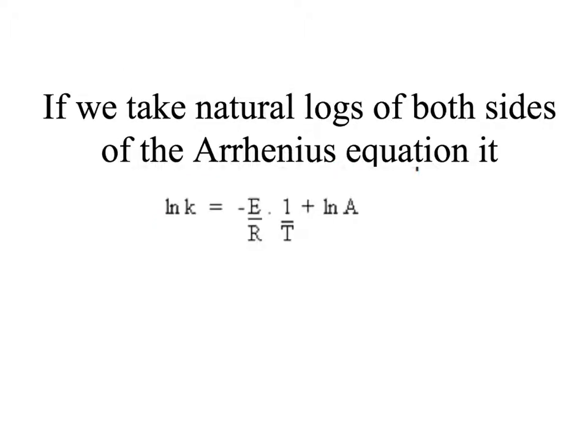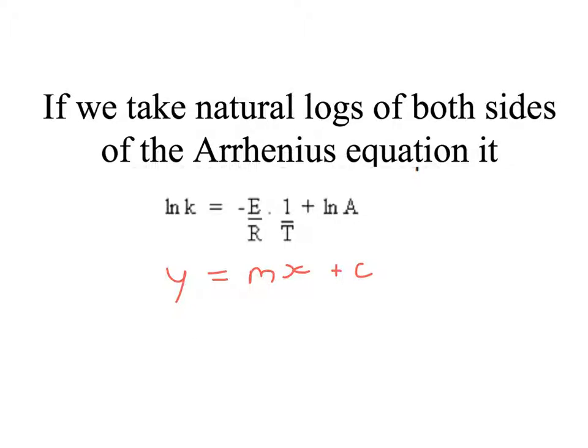Okay, so here we've taken the Arrhenius equation and we've taken natural logs of both sides. If you're not a mathematician, don't worry about it, but you will need to know both forms of the Arrhenius equation. If you have a look at this and you remember back from your GCSE days, this is in the form of y equals mx plus c, which is the equation for a straight line.